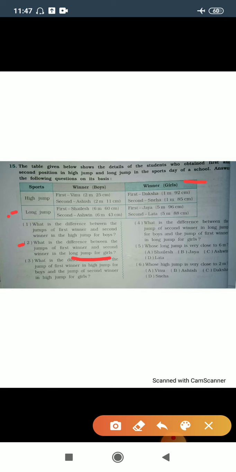Now we need to find the difference between the first winner, Jaya, and the second winner, Lata. The condition is long jump of girls, so we need to concentrate on this box. So Jaya and Lata. Let's find the difference.